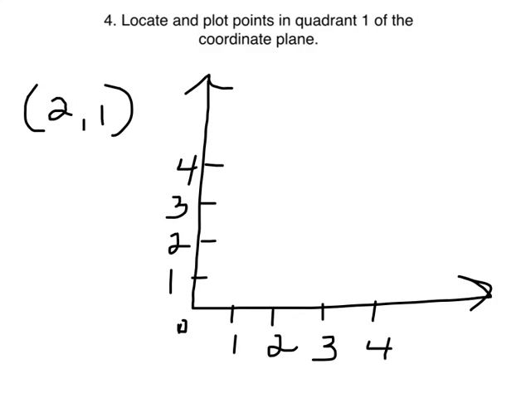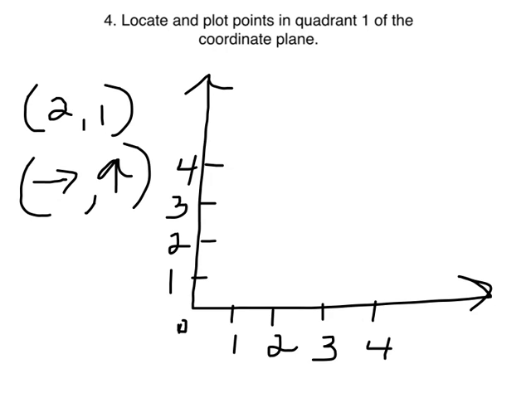This one students are the most familiar with. They feel very confident in from our in-class assessments and my observations. Locate and plot points in quadrant 1 of the coordinate plane. So if we have 2, 1 as our coordinates, that means go over 2 and then go up 1.